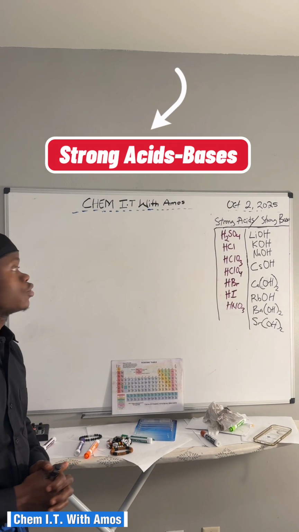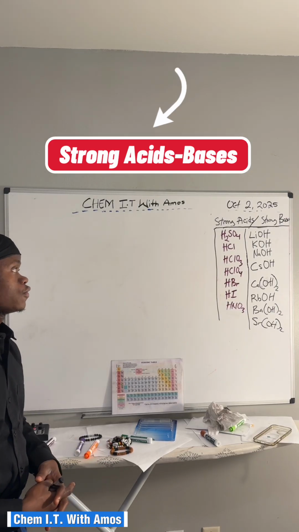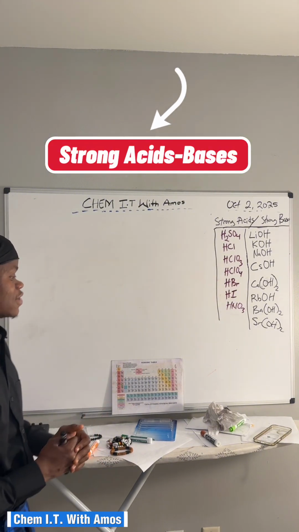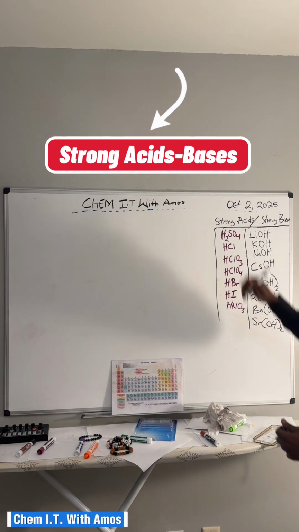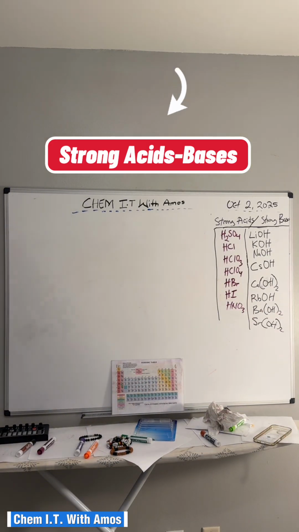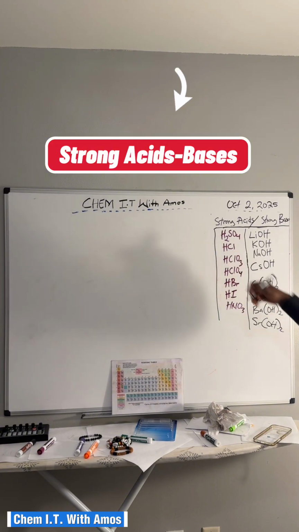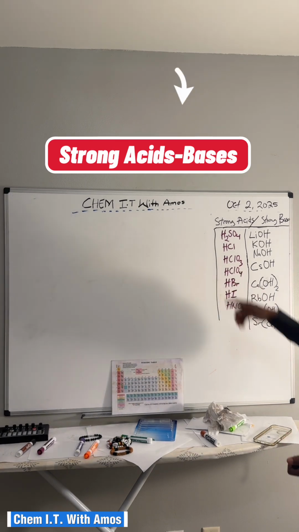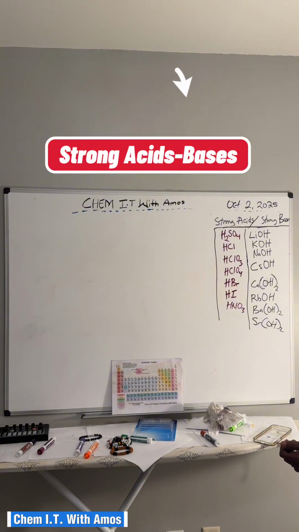Today we are going to focus on strong acids and strong bases. We will cover how they are formed: how sulfuric acid is formed, how hydrochloric acid is formed, chloric acid, perchloric acid, hydrobromic acid, and nitric acid as a whole.